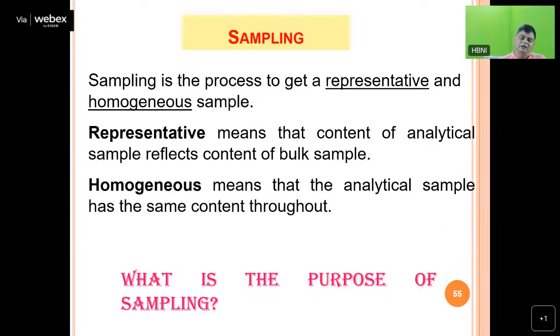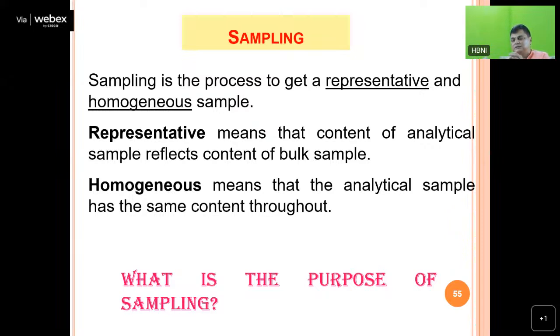See, basically, if you are a synthetic chemist, then you may not have much use for a representative sample. But if you have done a bulk synthesis, then there is a meaning of a representative sample. For example, whatever bulk synthesis you have done, you are not going to give the full 1 kg of the sample to the analyst for the analysis.